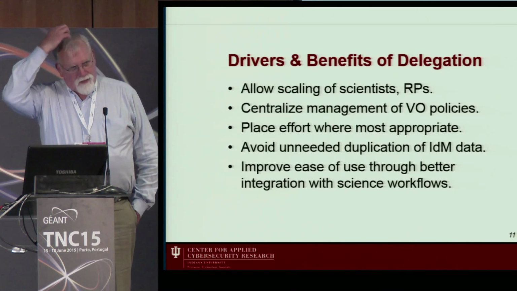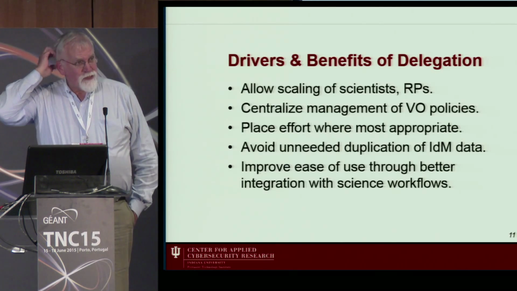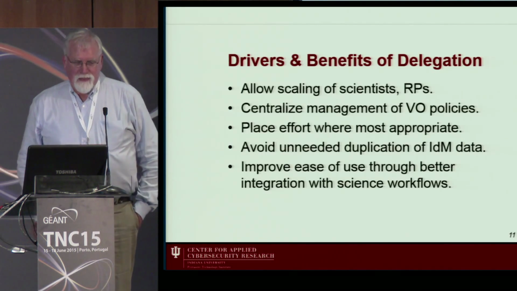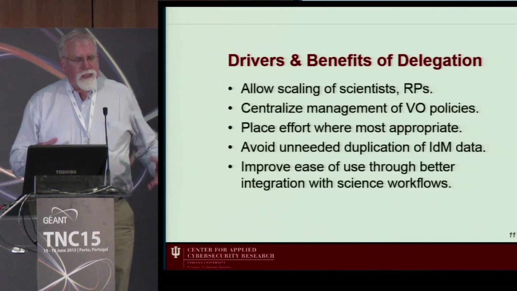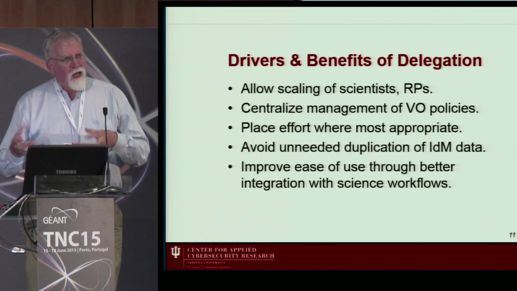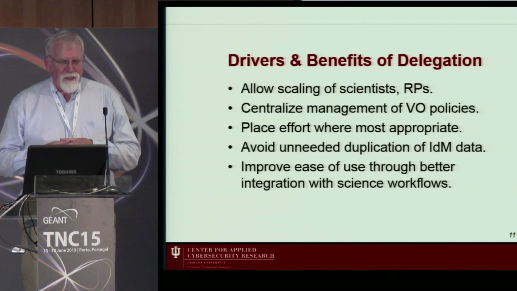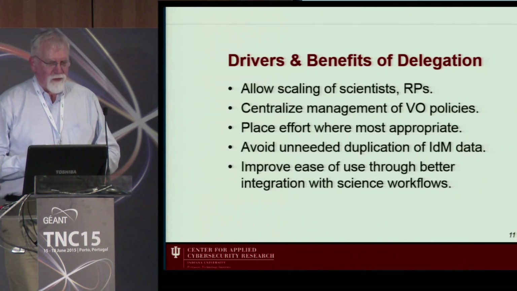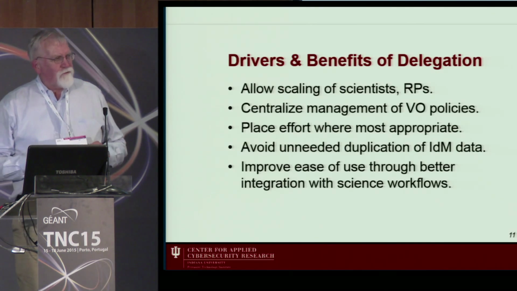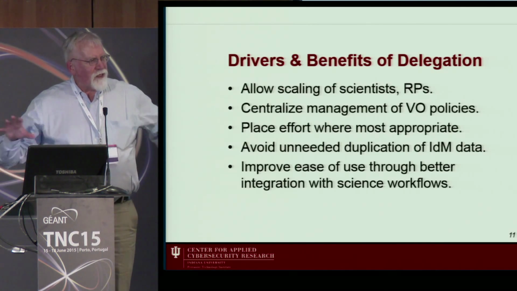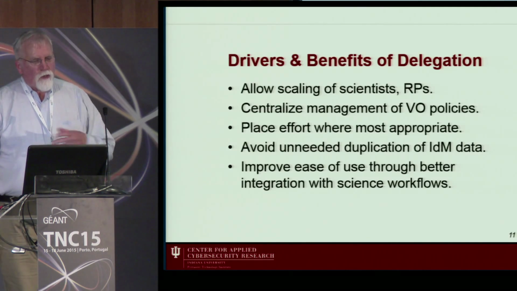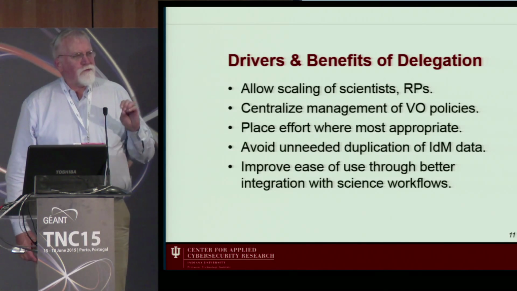As we have collaborations that are large, this handling identity management doesn't scale. We need to centralize the management of VO policies at the VO. This is where the effort is most appropriate for it to happen. We don't want to have identity management data duplicated across different resource providers or different VOs. We want to improve the ease of use.